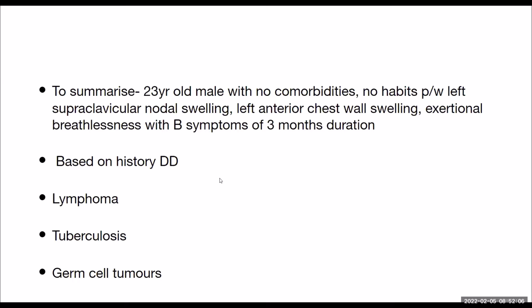Ma'am, the patient has anterior chest wall swelling with B symptoms, and B symptoms are fever and weight loss. B symptoms are not explained by thymic carcinoma or thymic hyperplasia, and there is no diurnal variation in weakness or exertional weakness.